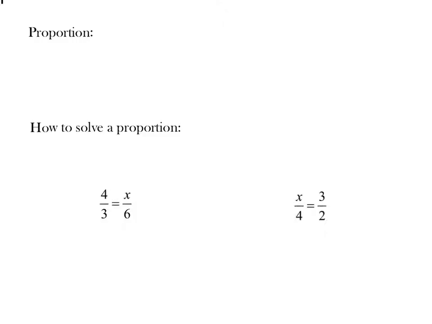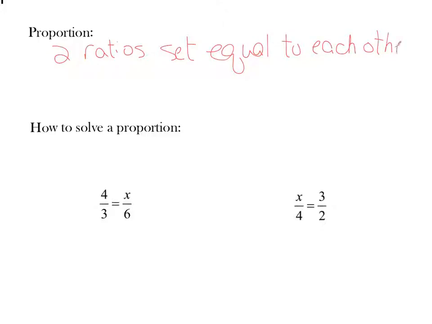So a proportion is an equation. A proportion is two ratios set equal to each other. So A is to B as C is to D. That is a proportion.